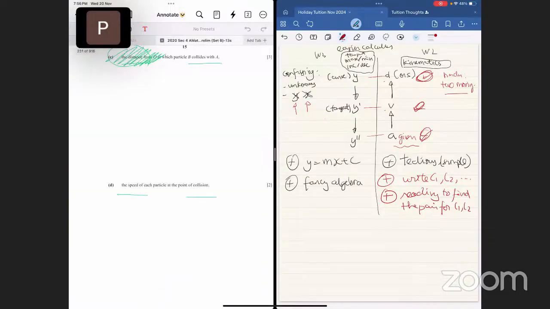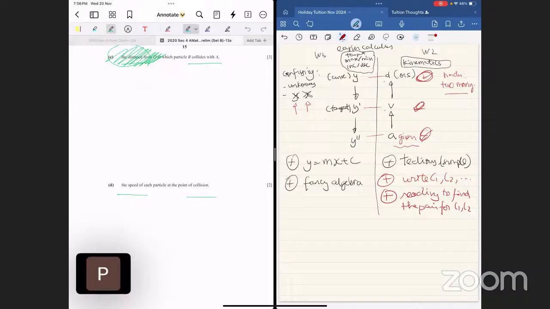Now, they don't have to tell you that this is a matter of distance. You have to realize that yourself. They may just ask you when particle A collides with B. Gonna change this to catching up. When particle A collides with B, and if you don't think enough, you may end up with velocity.